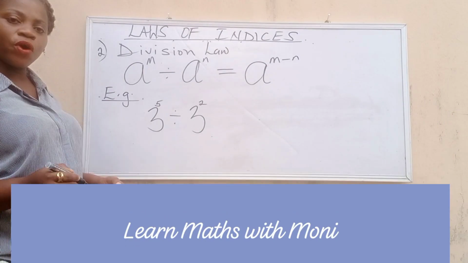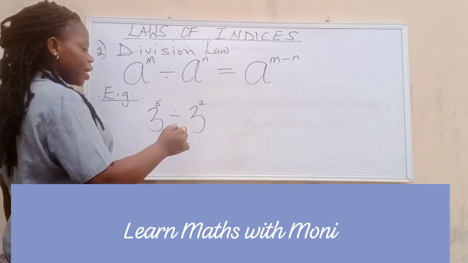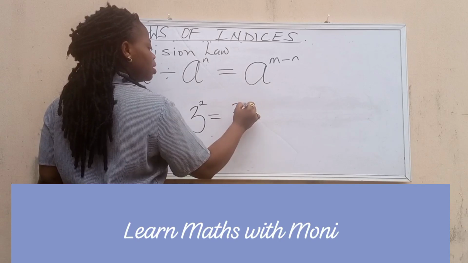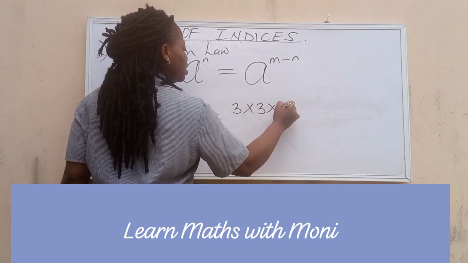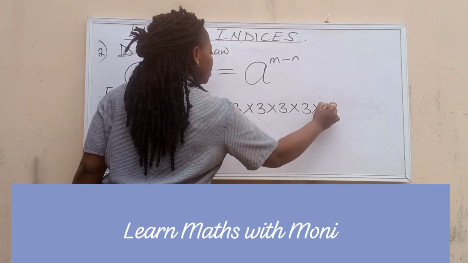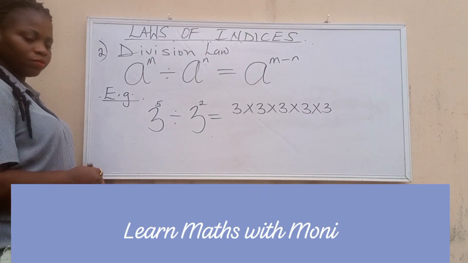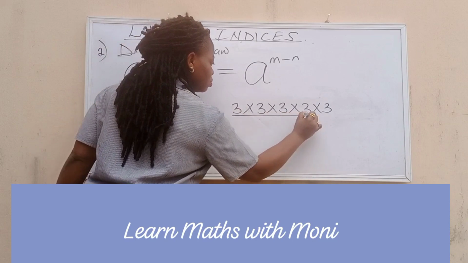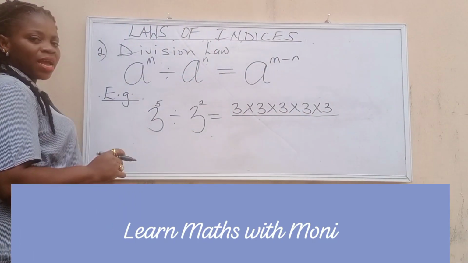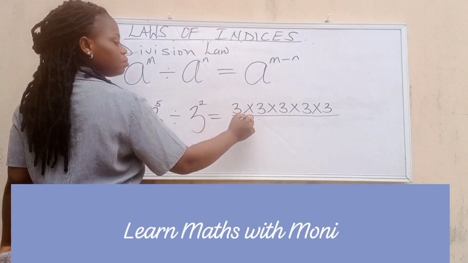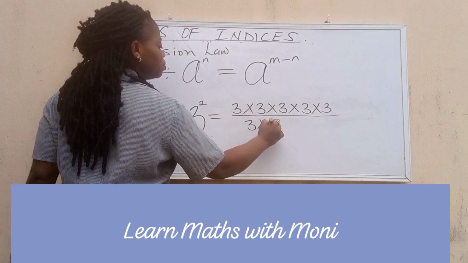In the elaborate form, 3 raised to power 5 can be written as 3 times 3 times 3 times 3 times 3. That is 3 multiplying itself in 5 places, divided by 3 multiplying itself in 2 places, 3 times 3.